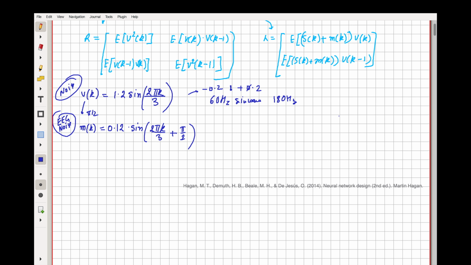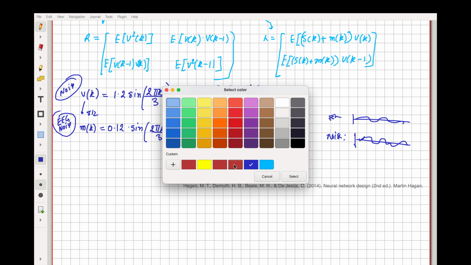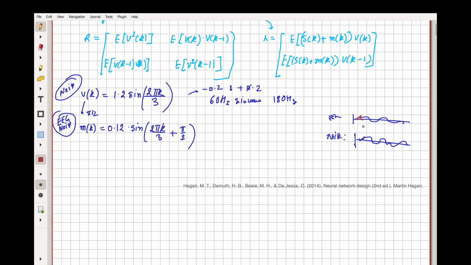So we now have this noise, which goes like this, and then we have the noise for the signal, so the EEG signal noise, which would be mixed in with the EEG. I don't know how the EEG looks, but maybe something like this.